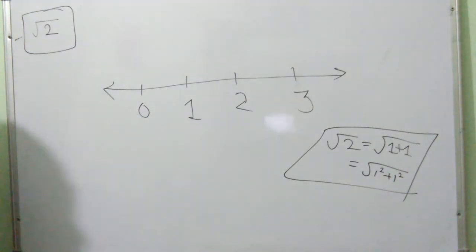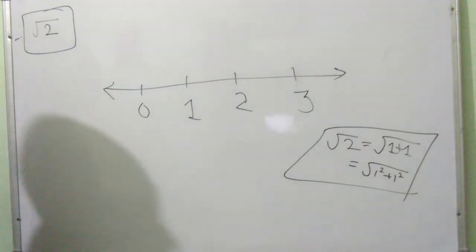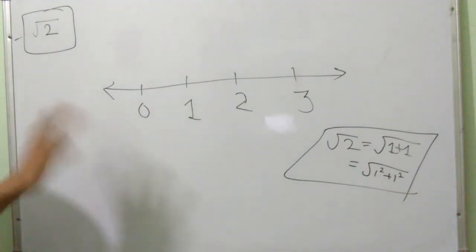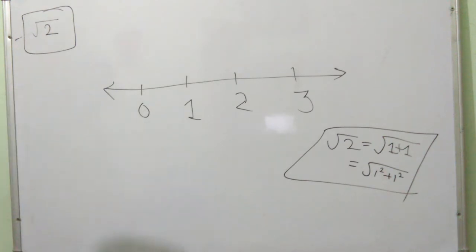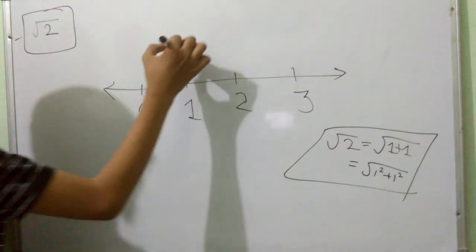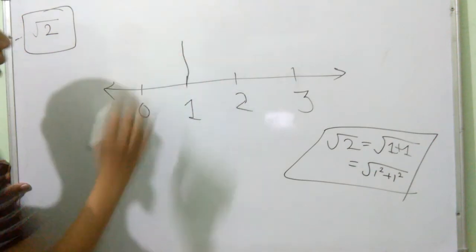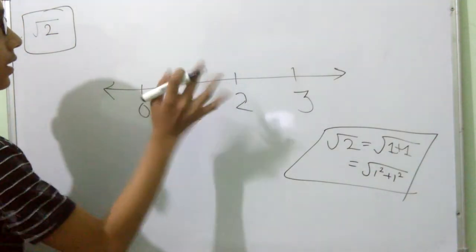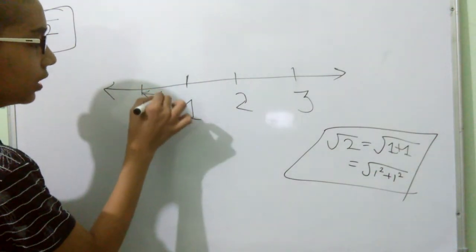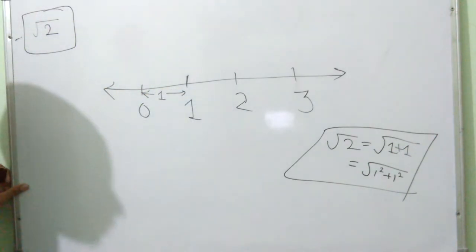See, I know it's new to you, so you might face some problems, but when you practice it more and more, you will become comfortable with it. Make a perpendicular. See, here is 1 unit distance. This is 1.